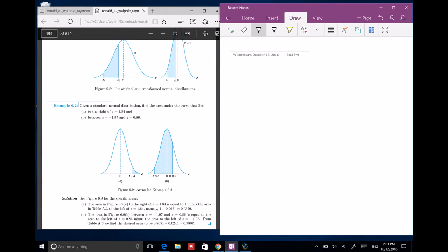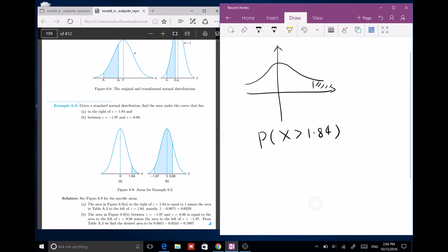Given a standard normal distribution, find the area under the curve that lies to the right of 1.84. So basically it asks you to find the right-hand side, meaning x bigger than 1.84. We can use the complement: it is going to be 1 minus the probability of x less than or equal to 1.84.